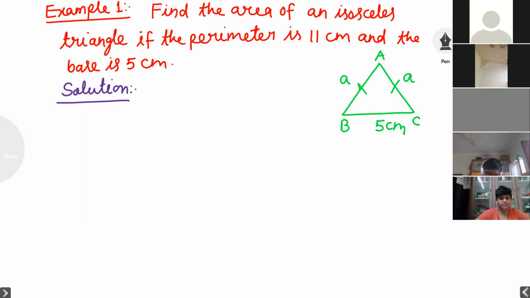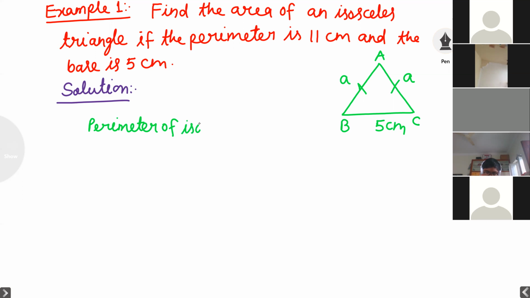Now firstly I want to find out the perimeter of the isosceles triangle, and he has already given the perimeter. What is the meaning of perimeter? Sum of the measure of all sides.